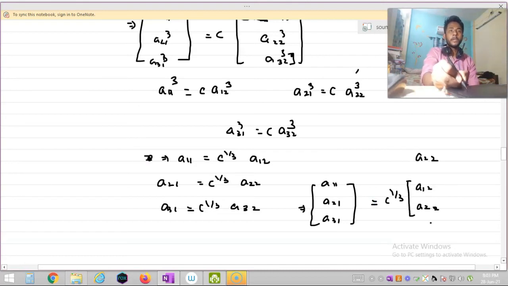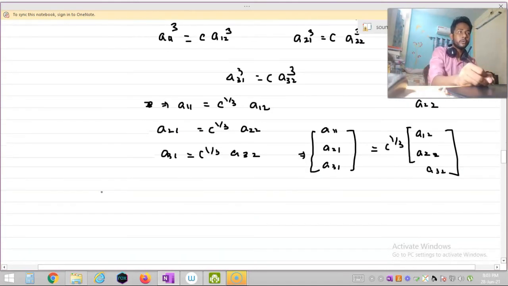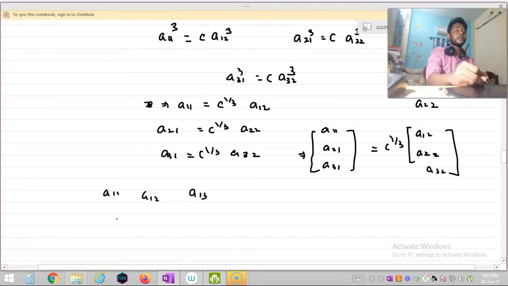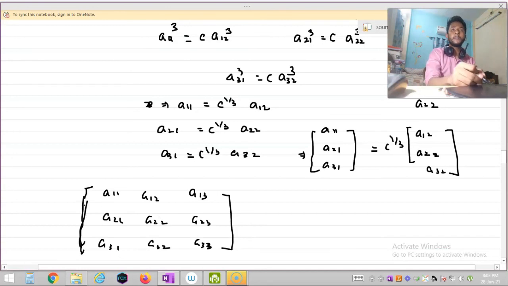It implies that the first two columns of the matrix A11, A12, A13, A21, A22, A23, A31, A32, A33 are linearly dependent. As its cube's columns are linearly dependent, these two columns are linearly dependent.